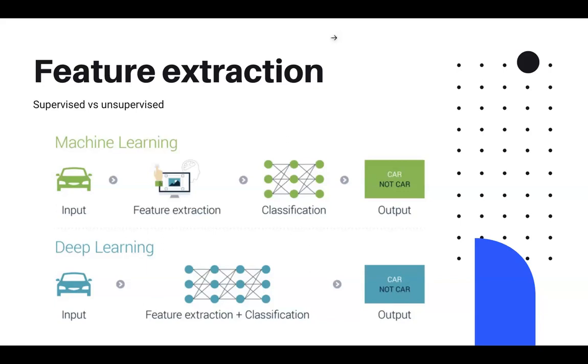They would take the data that they have and tune the weights manually for those convolutional operations, and using that, they would do the feature extraction. So the feature extraction required a crazy amount of human expertise, especially for images. And then once these weights extracted some features from the images, later on we applied whatever classification algorithm we had, and that gives us the output, whether it's a car or not a car.